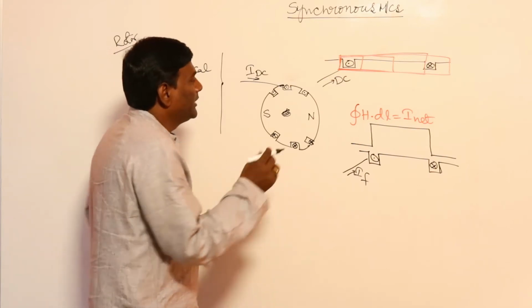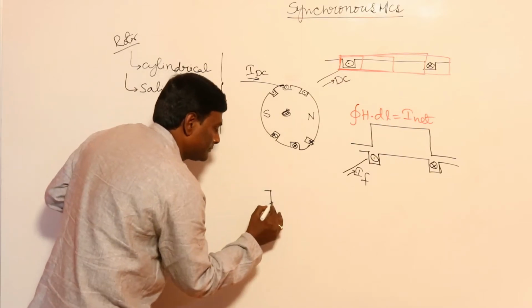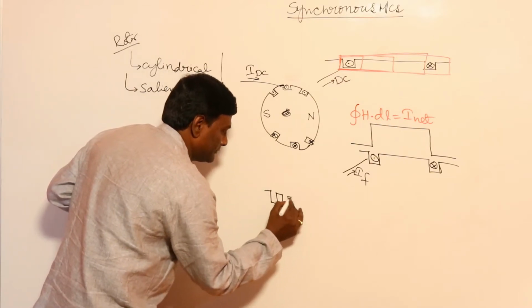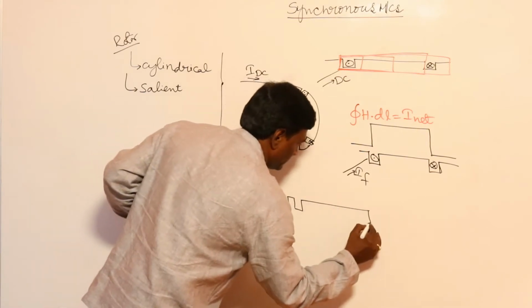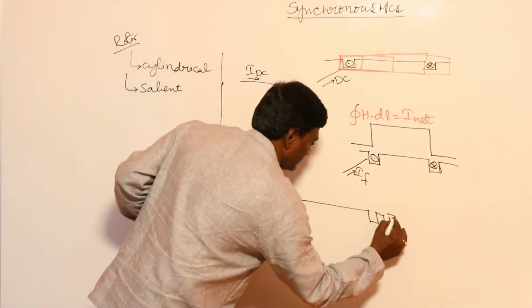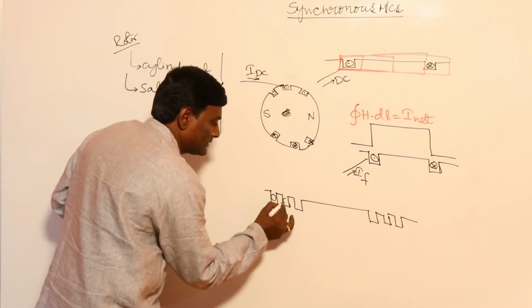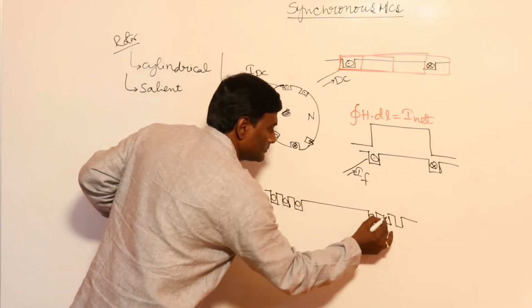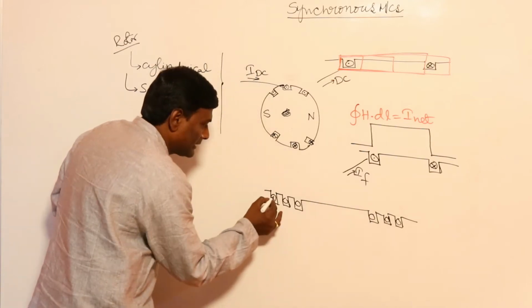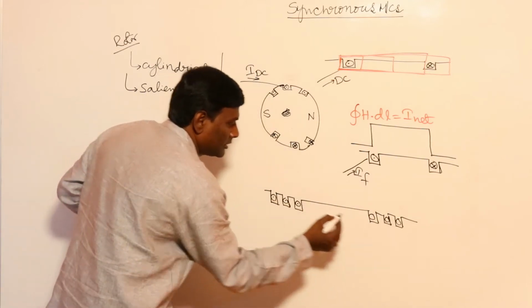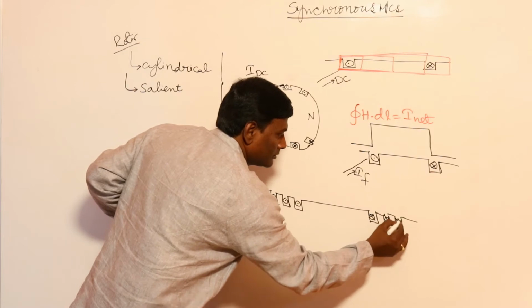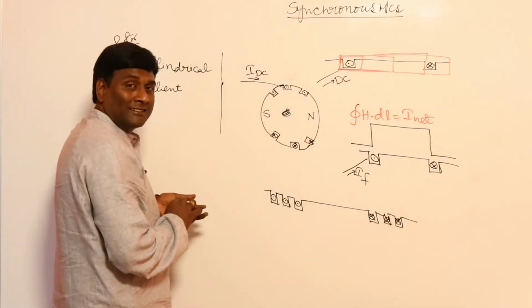Now if I keep it that way, 3 slots are there, and in this, conductors are there. The conductor currents are dot, cross. Now let us calculate MMF.